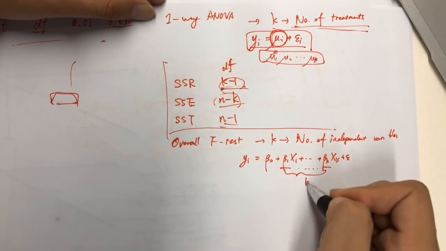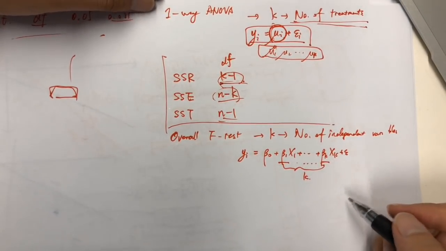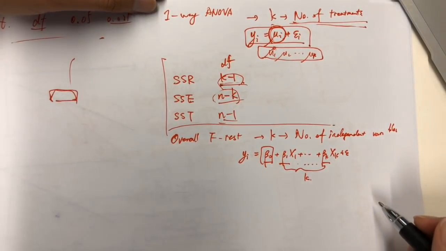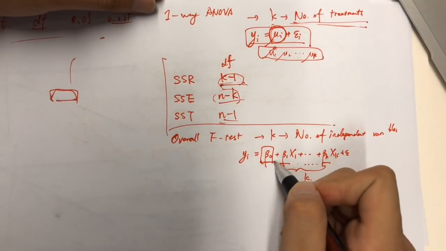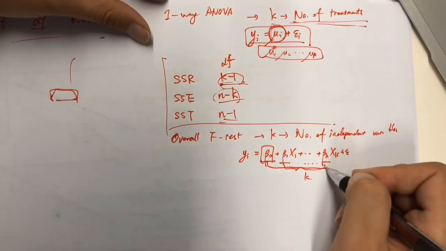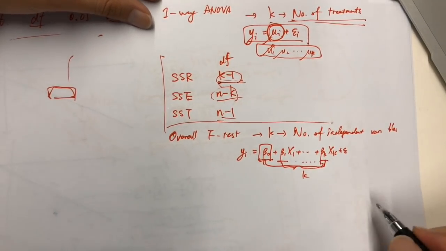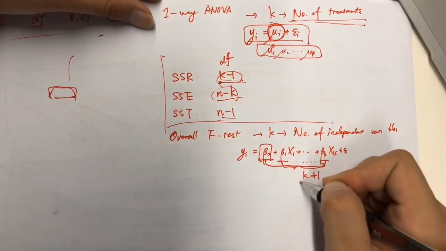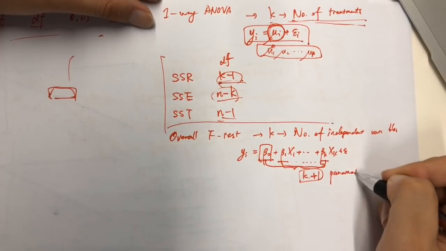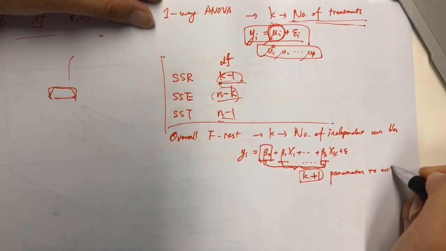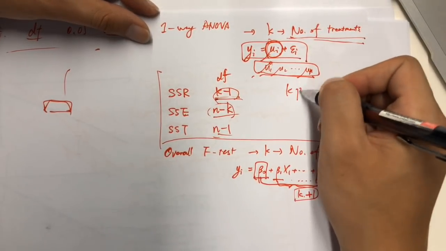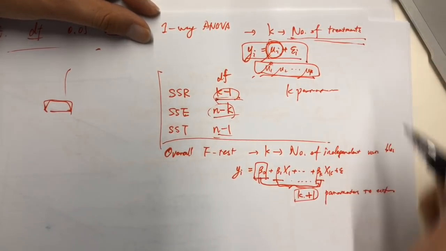So those are k unknowns, or k parameters that we need to estimate. But don't forget, we have a beta 0 over here, right? Beta 0 is also one thing that we need to estimate, right? So actually, in total, for the multiple linear regression model, we have k plus 1 parameters to estimate, right? And for the one-way ANOVA model, we have k parameters to estimate.